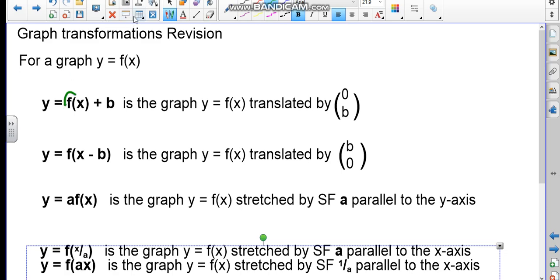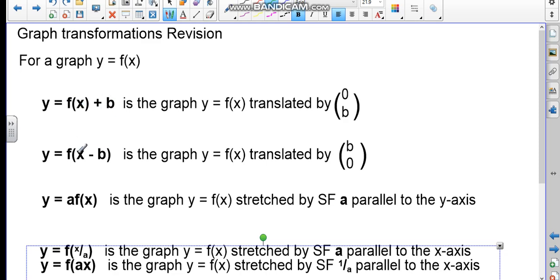If I've got a function f(x) and I add a number to it, that affects the graph by a translation (0, b). In other words, the whole graph shifts up the axes by b. So you've worked out your y values, now you're adding b to your y values, so they're shifting up.